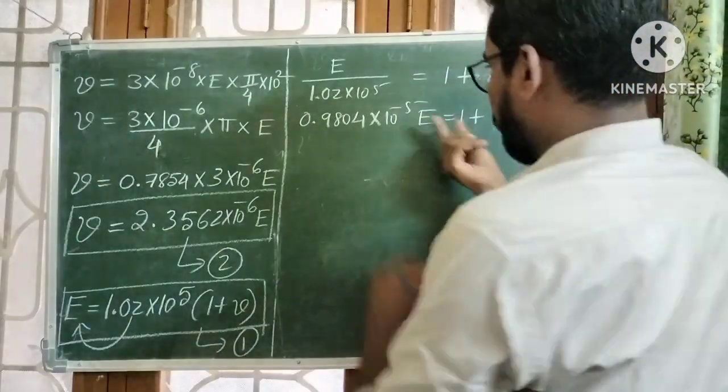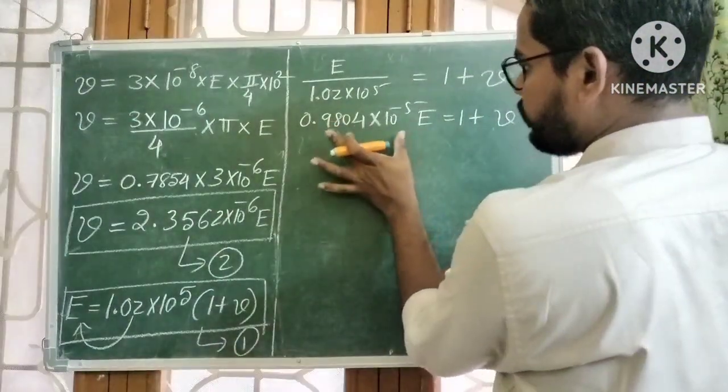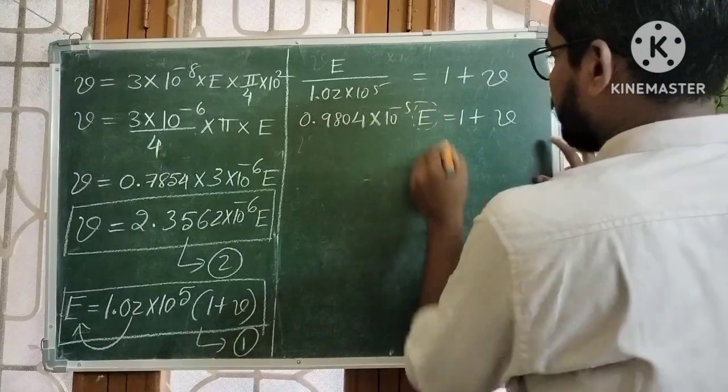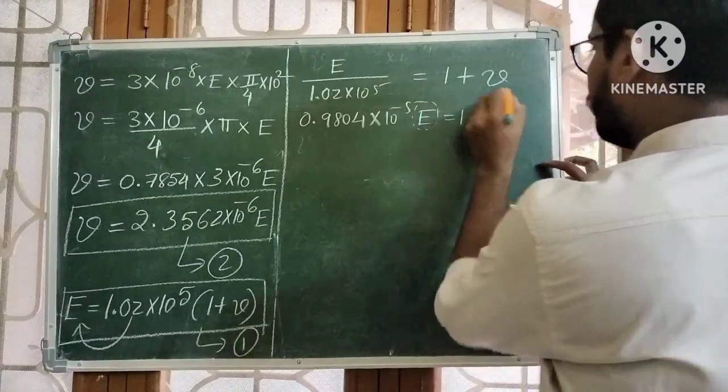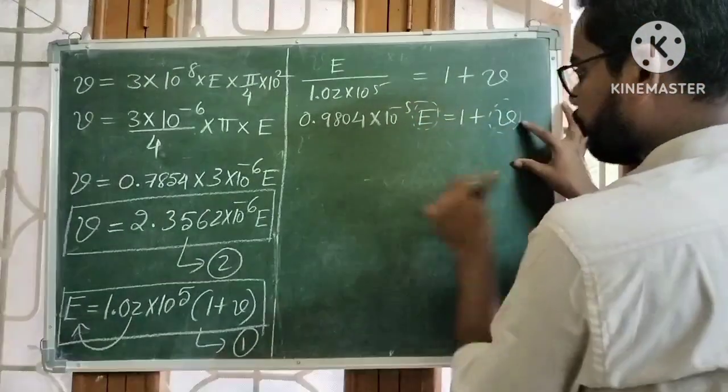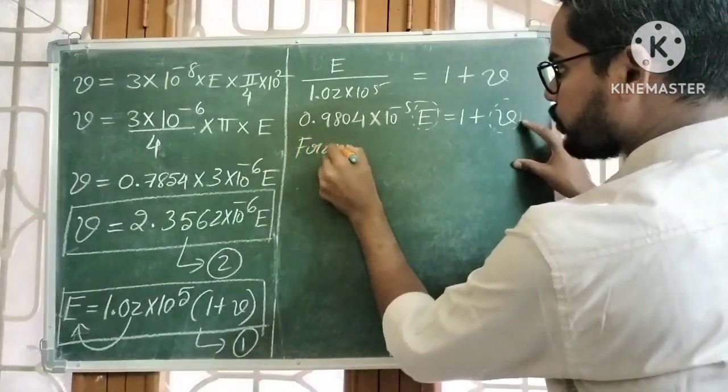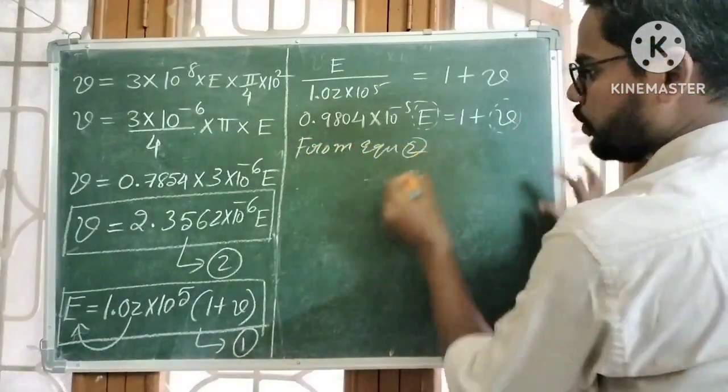So in LHS we have unknown E and also in RHS we have unknown mu. So from equation 2, look at equation 2.